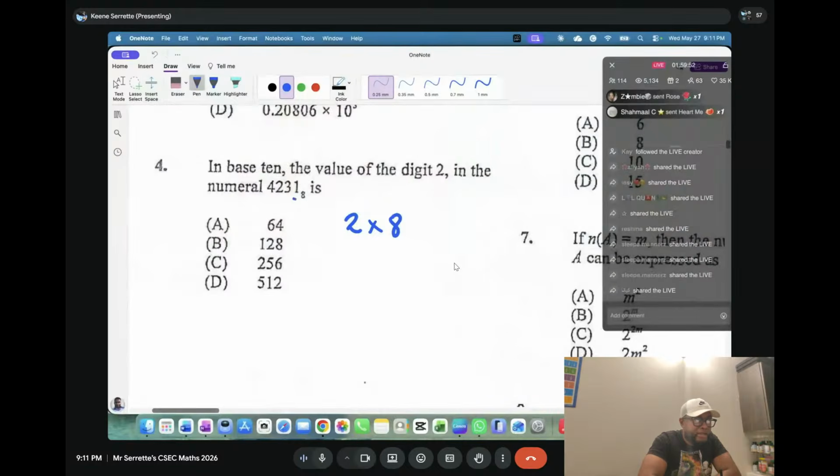This will be 0 power, first power, second power. So this will be 2 multiplied by 64. So this will be 128, right?